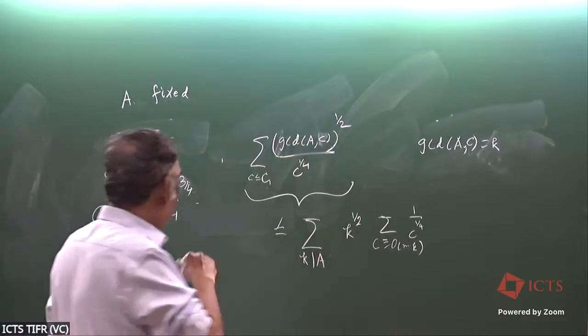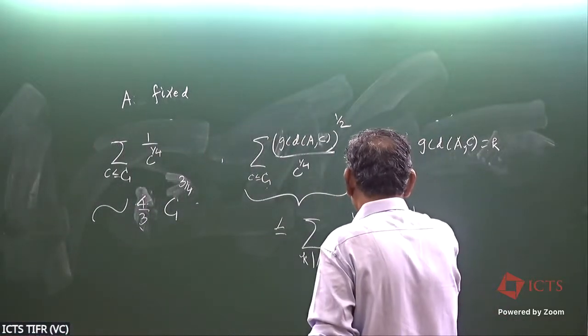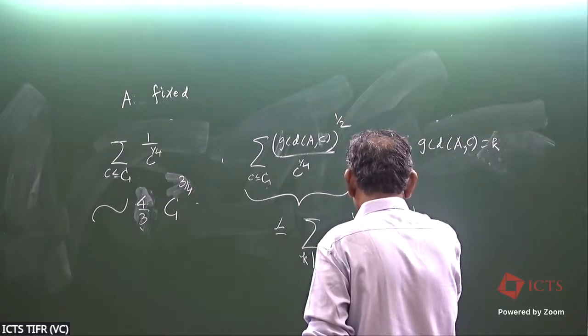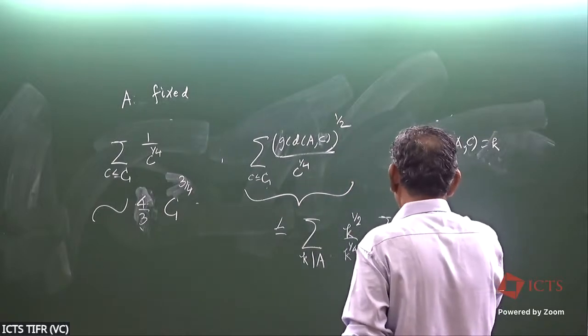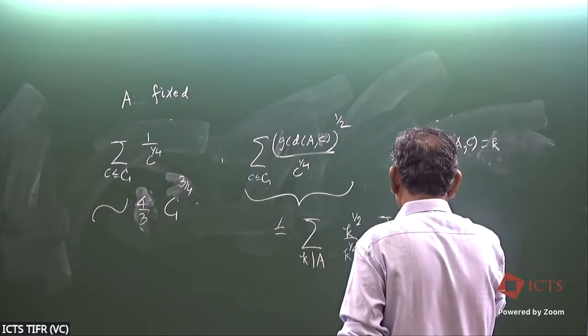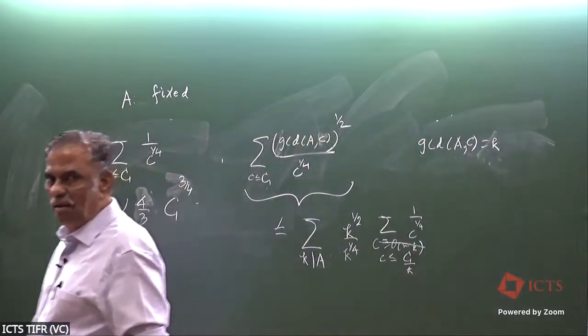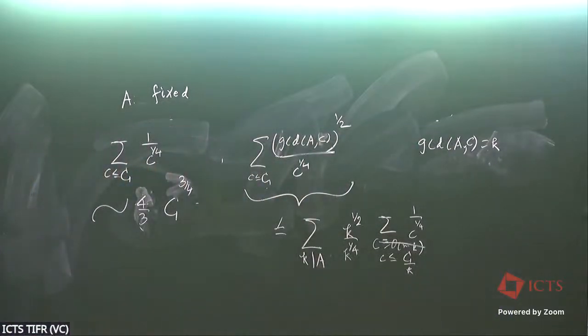I will make a comment on this later. This can come out, and this little c will go only up to capital C divided by K, because the little c is 0 mod K, which I am now writing as K times c.